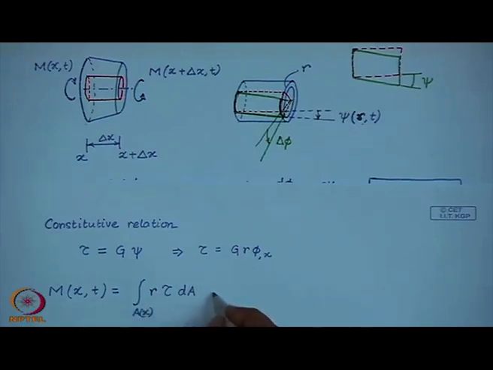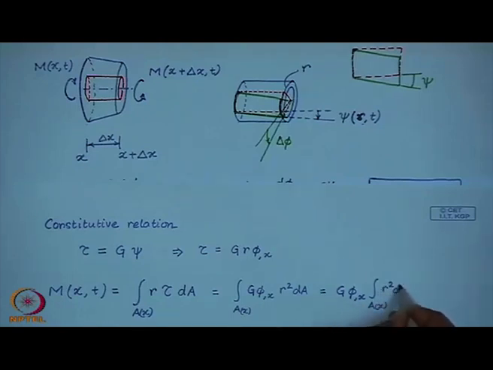So, if I substitute this expression, I have this, and since these two terms, G and phi, have nothing to do with this integral of the area, I can safely bring them out, and this therefore is the torque.